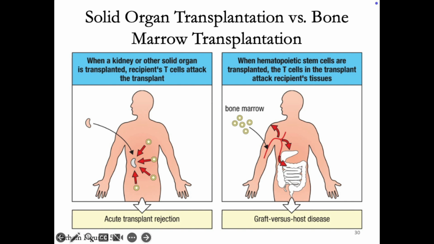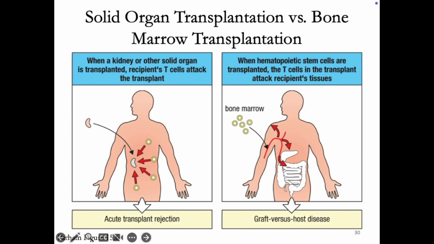There is an additional bad thing that can happen. On the left, you can see a solid organ transplant, like with the kidney. Here we're going to transplant the kidney into this person. We're going to have a donor kidney going into the recipient. The recipient's T cells are going to try to kill the donor kidney.